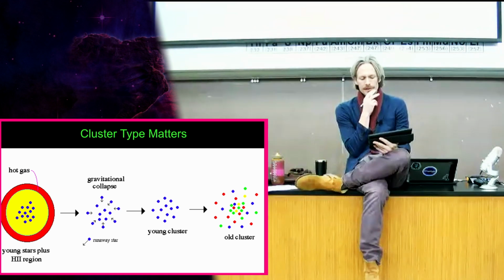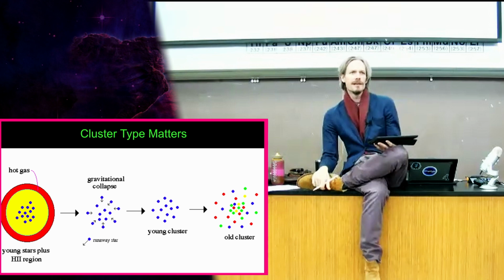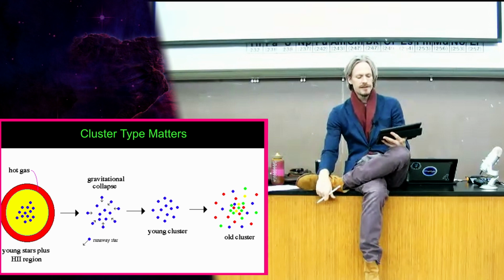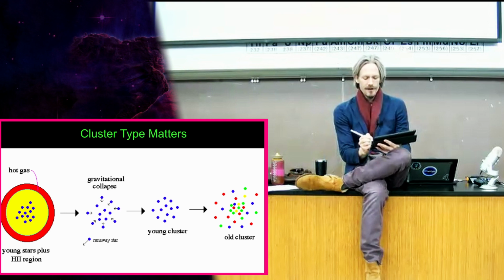Most open clusters are going to be very similar to this. They're all kind of similar to our sun. Globular clusters are a little bit different. The heavy element abundance of stars in typical globular clusters is only something like a 100th, maybe a 10th of that in the sun, which is really quite interesting because they're supposed to be the really old ones, and yet they have far less of these heavy elements.